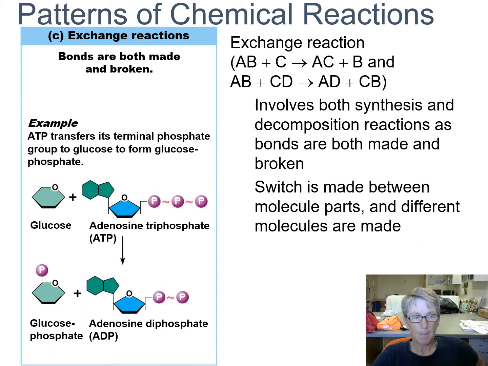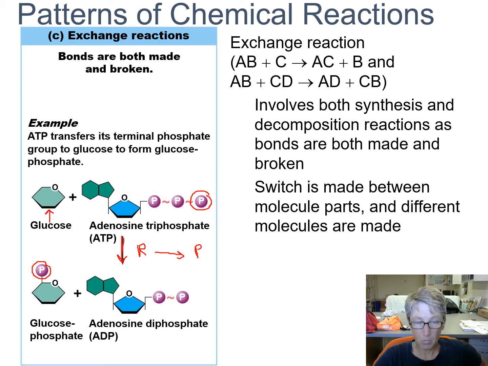Here's a glucose molecule, C6H12O6, plus ATP, or adenosine triphosphate. And you just take one of these phosphates from ATP, and you put it on the glucose molecule. Now in the chemical reaction, it shows the arrow going down. Usually we've been seeing in chemical reactions, you have the reactants on the left side of the arrow and the products on the right side of the arrow.